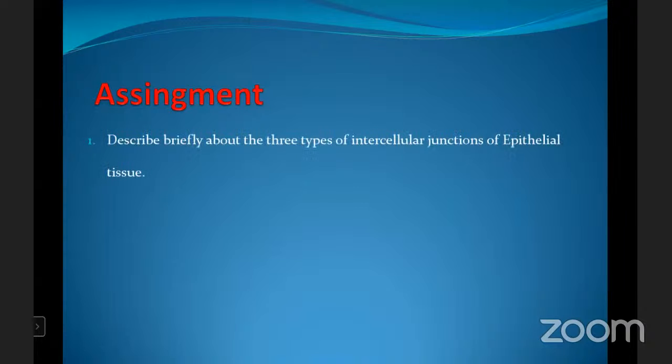Describe briefly the three types of intercellular junctions of epithelial tissue. I repeat the question once again. Describe briefly the three types of intercellular junctions of epithelial tissue.